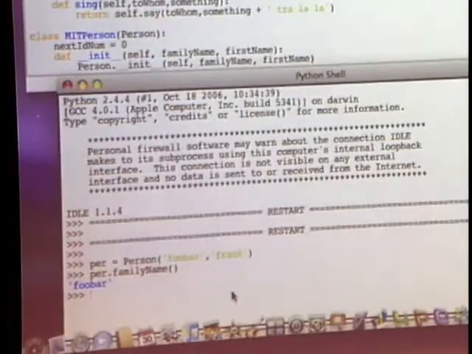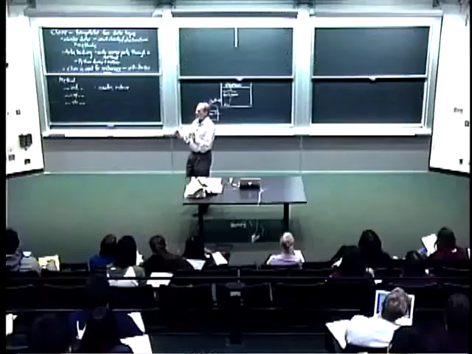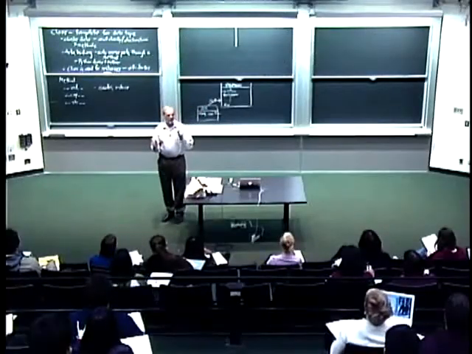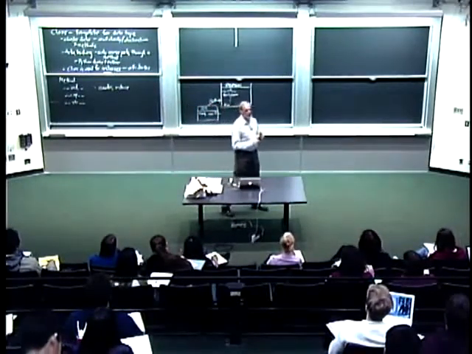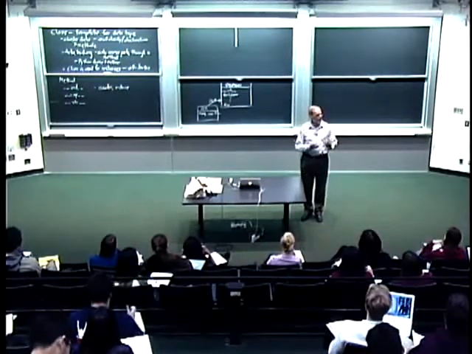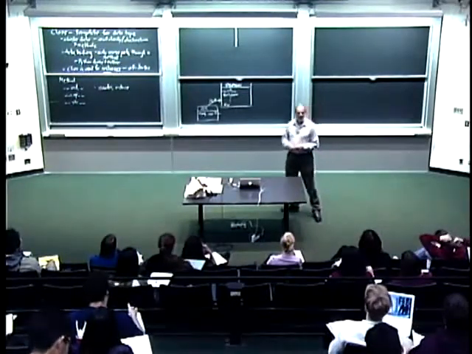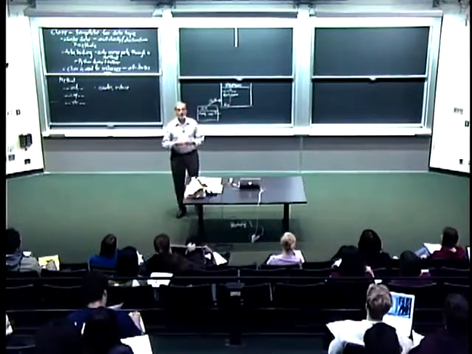Where am I in it? Right there. And what CMP returns is one of three values. Given two objects, if the first one is less than the second one, it returns -1. If it's equal, it returns 0. If it's greater than, it returns 1. So it allows you this broader range of comparisons. And if you think about it, CMP you could apply on integers, you could apply it on floats, you could apply it on strings.